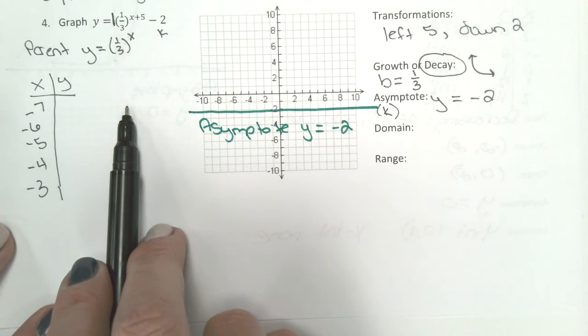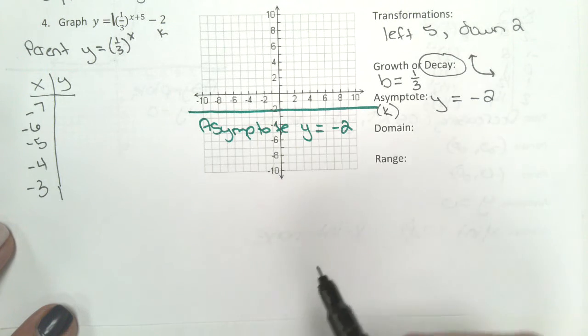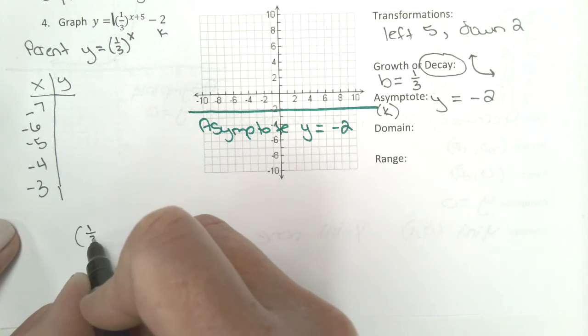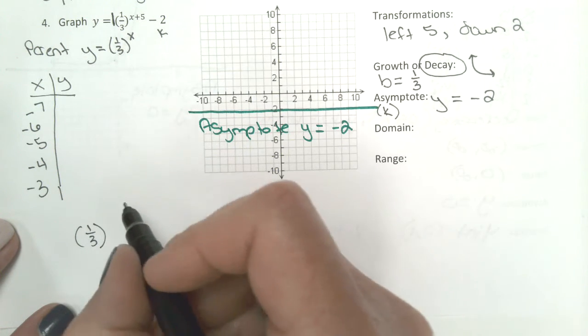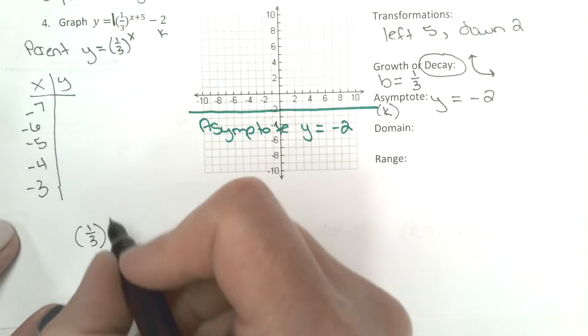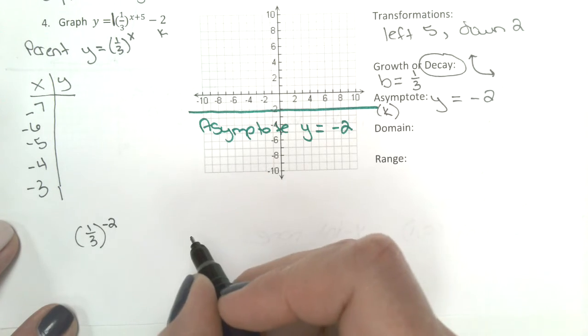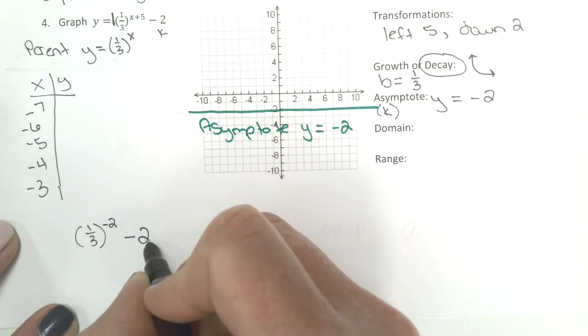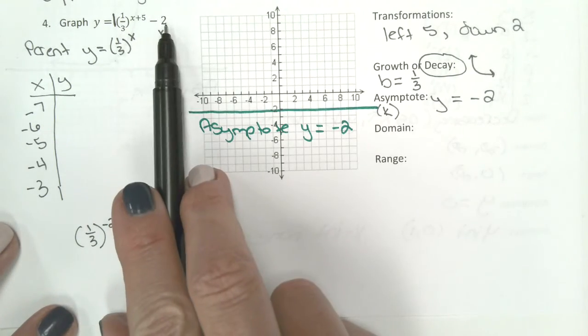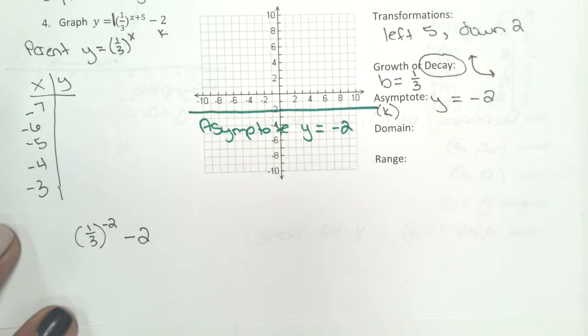All right, so you had to type this into your calculator. So I had 1/3, and then I did the math. Negative 7 plus 5 adds up to negative 2, and then minus 2 to get that downward shift at the end.